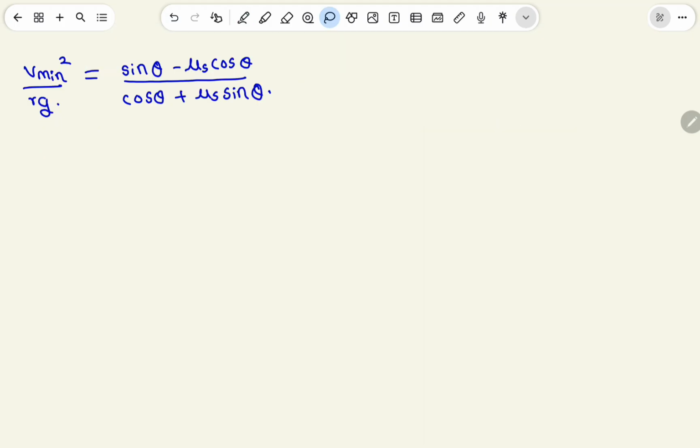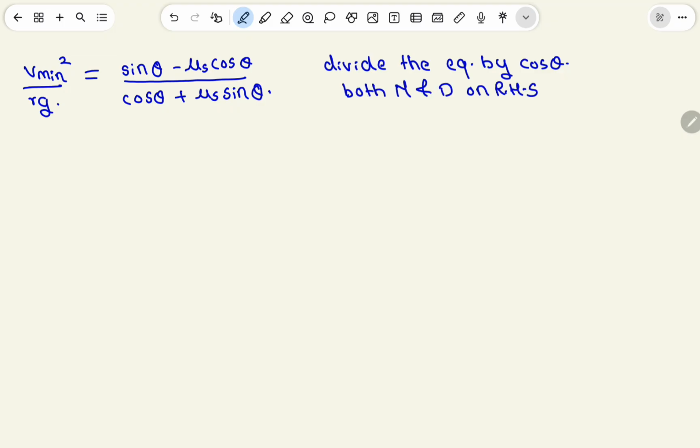Okay, so this was the last equation that we had got. Now let's simplify this further. What we do is we divide the equation by cos theta, both numerator and denominator on the right hand side. So let's do that.